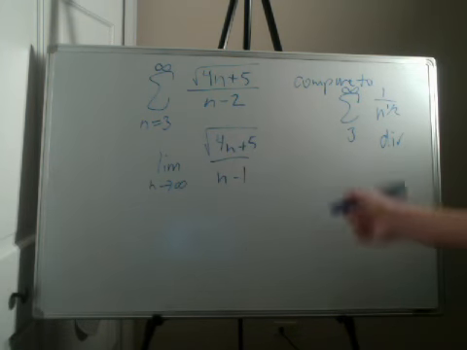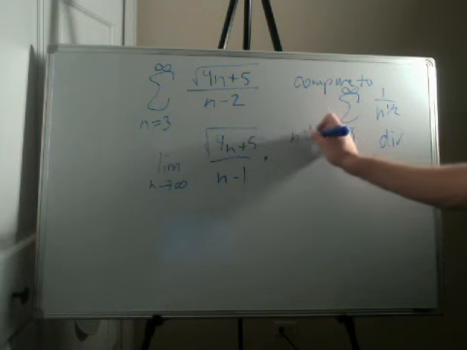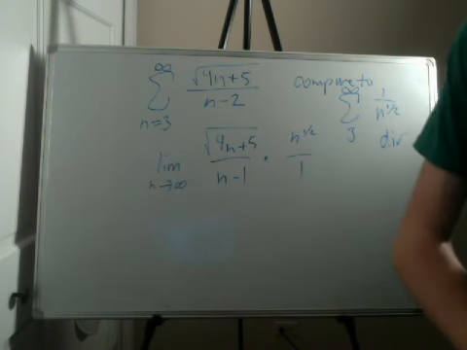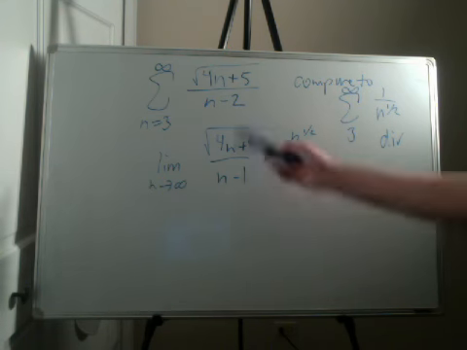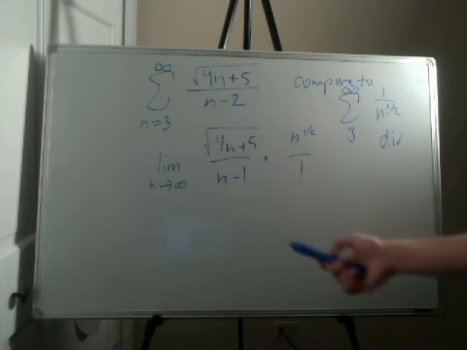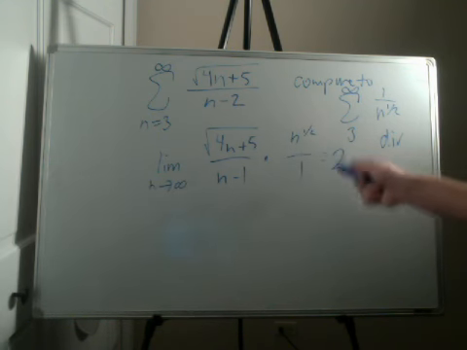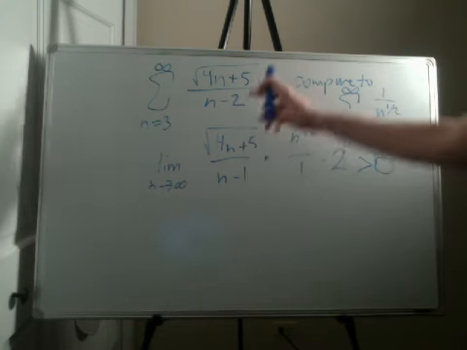And we're going to divide it by this, but because we're smart, we're just going to multiply by the reciprocal and get n to the 1/2 over, well, 1. And when you do this, and you take this to infinity, you're going to get the leading coefficients as 2 over 1, so this equals 2. 2 is greater than 0, and for that reason, because this diverges, then this must diverge.